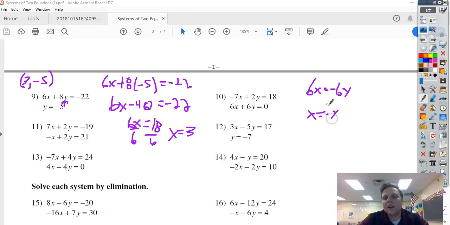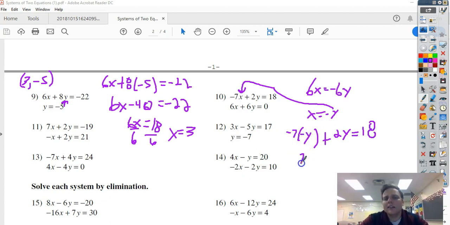Well, the fact that I know x equals negative y, I can take this negative y, and I can plug it in for x right here. So I can say negative 7 times negative y plus 2y is equal to 18. Well, negative 7 times negative y is 7y plus 2y is equal to 18.